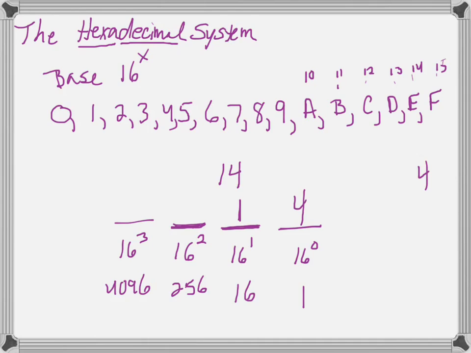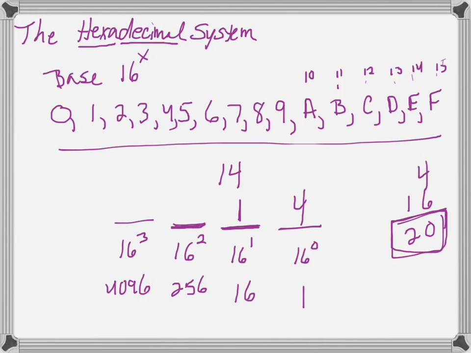You have a 1 in the 16 position, so that'd be 1 times 16, for a total of 20. So this 1, 4 in hexadecimal is the number 20 in the decimal system. Hopefully that makes sense. So I have 16 digits, and I can have letters now also to represent the 10 through the 15 spot.